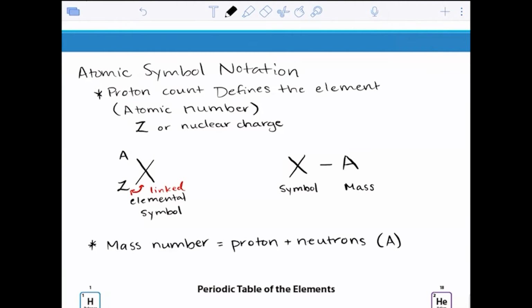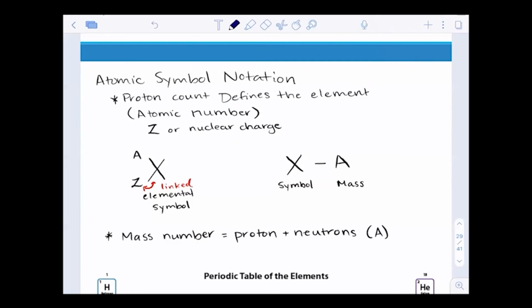You should know based off of the symbol how many protons are in that element, but the mass can change, and that's based off of our neutrons. So when we're looking at a couple of different ways to write out some informational tidbits on our atomic symbol notation, we could see either one of these.